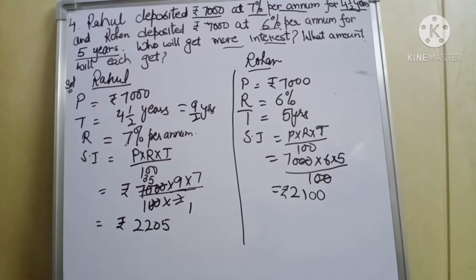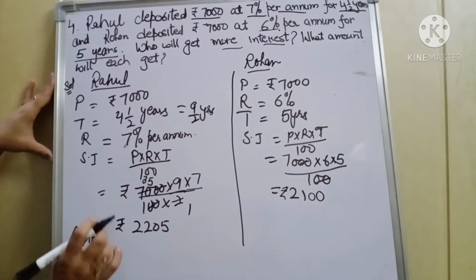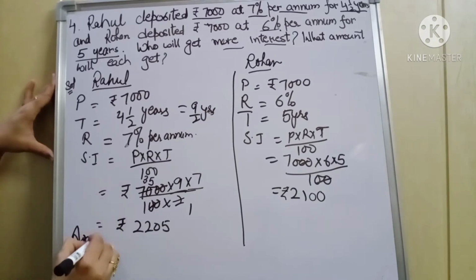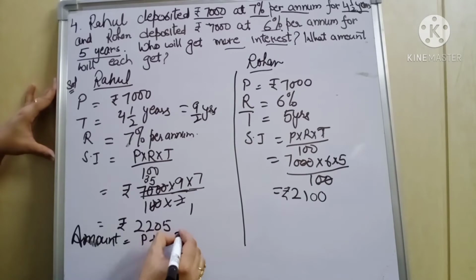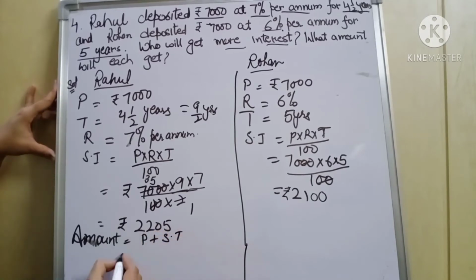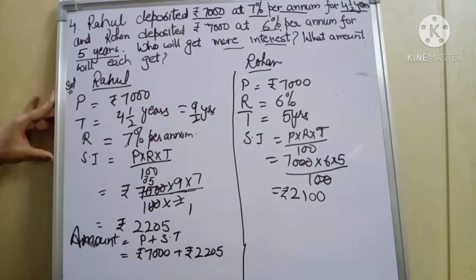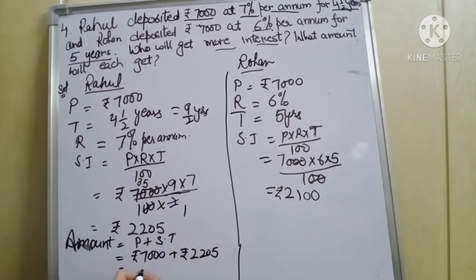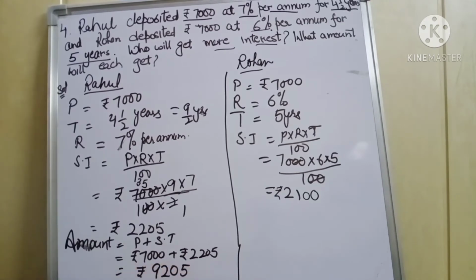Now we are going to find the amount for them. Amount in case of Rahul, what was the amount? Principal plus simple interest. So amount is equal to rupees 7,000 plus rupees 2,205. That means rupees 9,205.